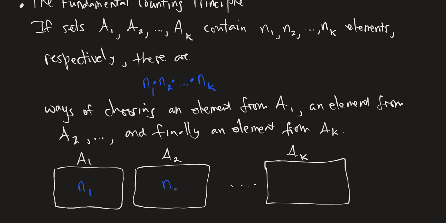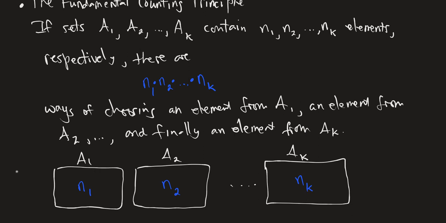And then n2 elements there, all the way up to n sub k elements here. And what you're doing, you can think of it either as a game, as an experiment.